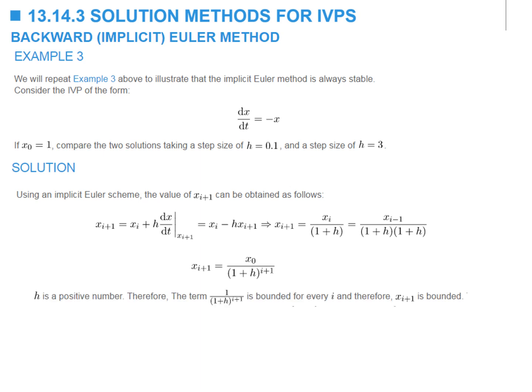The term 1 over (1 plus h) to the power i plus 1 is always bounded, because this is a number higher than 1 and it appears in the denominator, raised to the power of a positive number. So this is always bounded, and so xi plus 1 is always bounded.